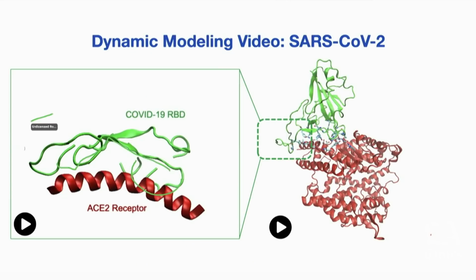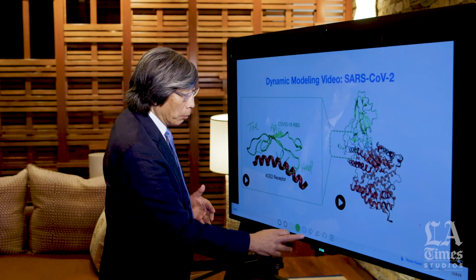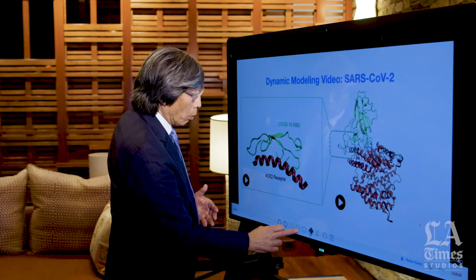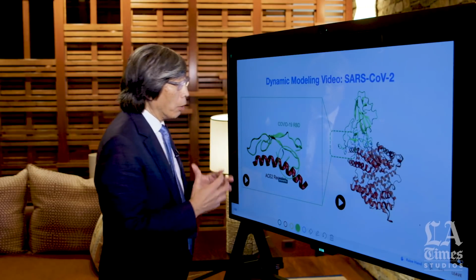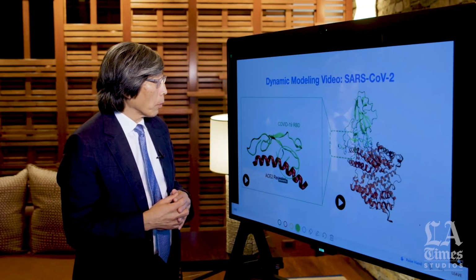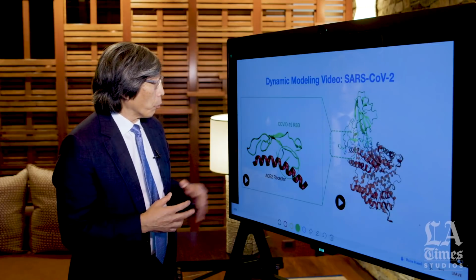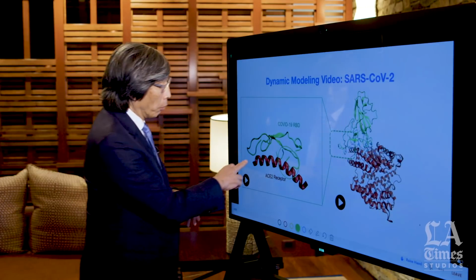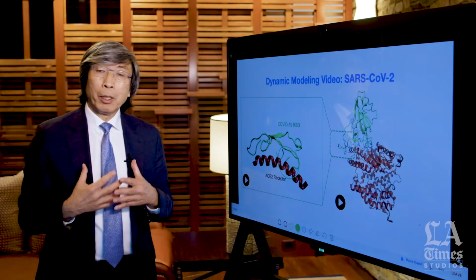So think of it as the toe, the arch, and the heel. And it turns out in the viruses that have infected us in the first wave, the heel was the site in which it bound very tightly. And that's how it got in. The red ribbon is the receptor in the human body.